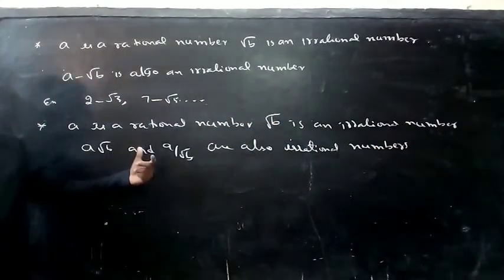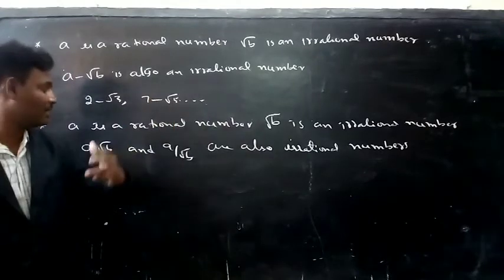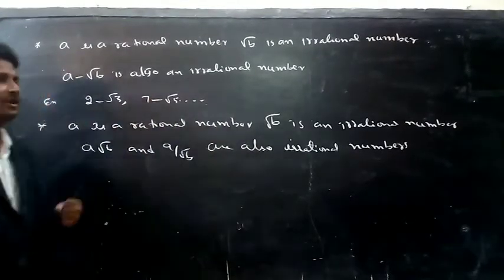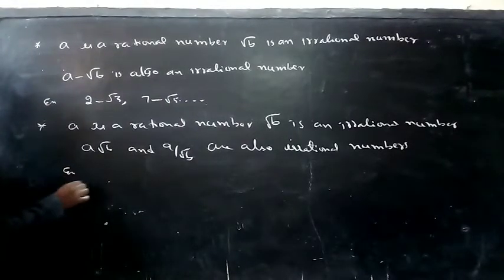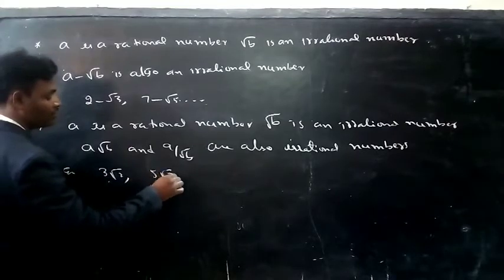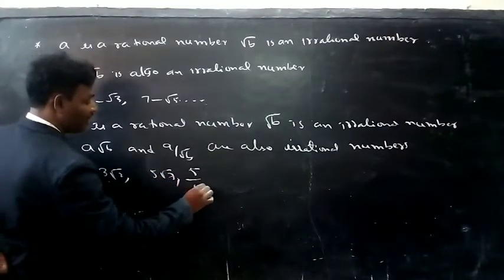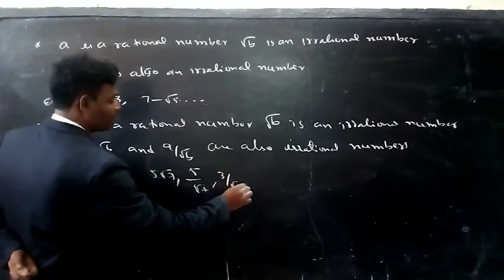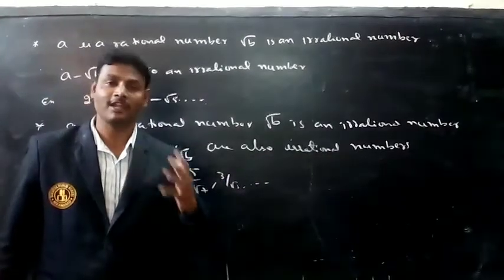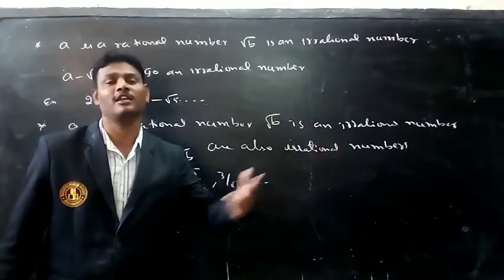Examples: 3 root 2, 5 root 7, 5 by root 7, 3 by root 2, and so on. So the combination of rational and irrational is also an irrational number.